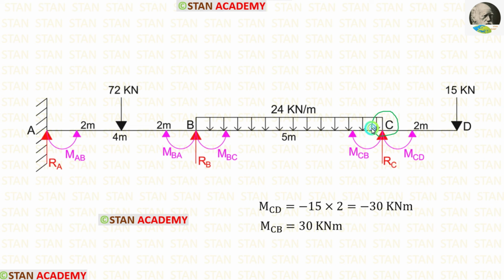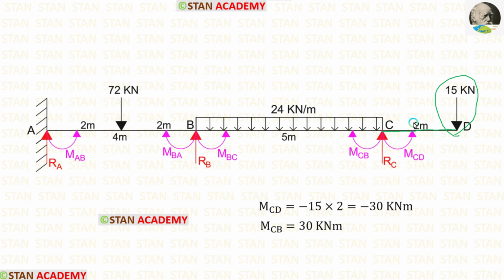In the joint C, we can easily calculate the moments because on the right of C there is overhanging. To calculate MCD, we have to find the moment in the point C from the point D. In the overhanging span CD, there is a point load 15 kN.